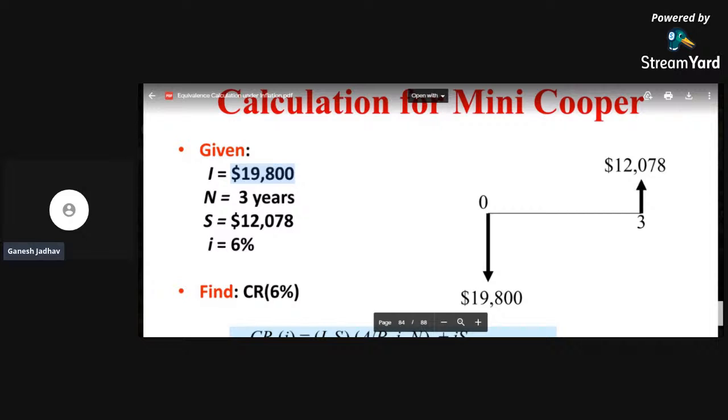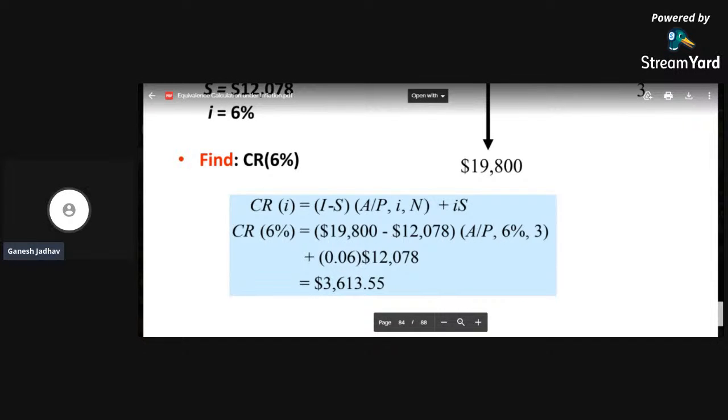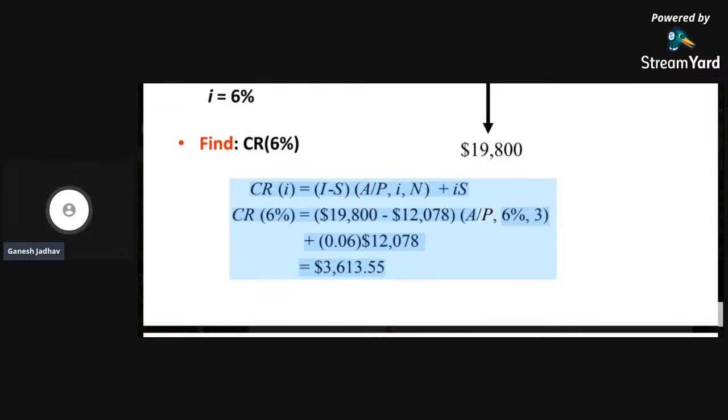And i is equal to 6%, so you can put these values into the formula and get the actual value. So i is equal to 6%, this is the initial value minus the salvage value times the factor (A/P, 6%, 3 years), and you get this particular answer.